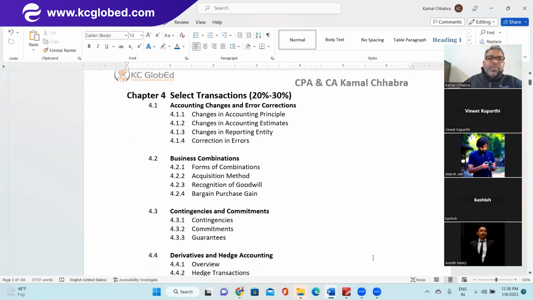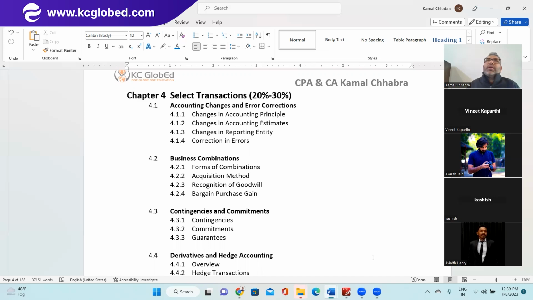Now it's time to jump into the overview of chapter 4, which is selected transactions. This is around 20 to 30% of your exam. In that, we will be understanding accounting changes and error correction. Accounting changes are of two types.